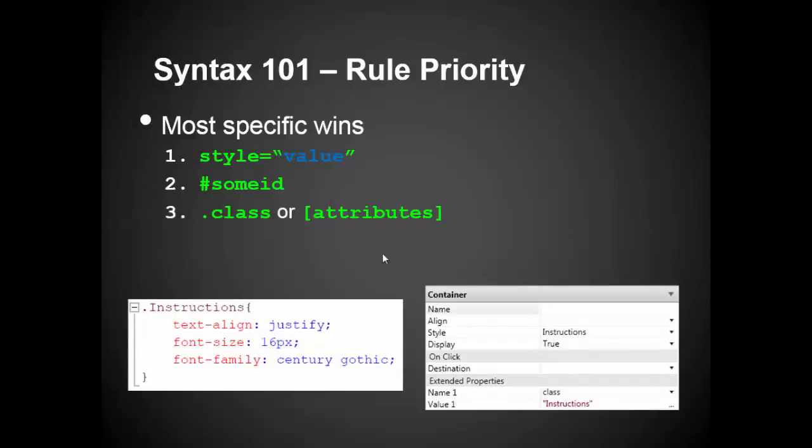Then the third most specific is by class or by attribute. So notice this example, instructions here, and we are then applying on Service Studio the class. But notice that we are applying here, but also on the extended properties we are applying the same class. Do you know what's the difference between applying here and applying here the class?